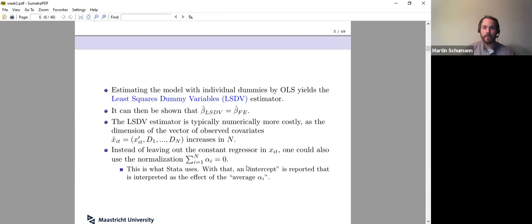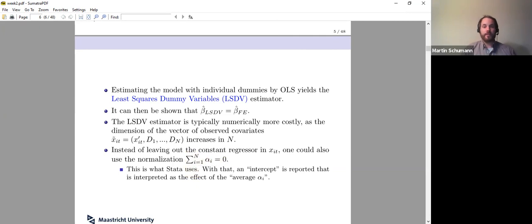And that may be surprising to you because one standard way of using fixed effects models is to normalize the intercept to 0. We assume it is simply not there. Now, Stata wants to keep the intercept in the model, and therefore it has to use a different normalization, and it uses this one here.